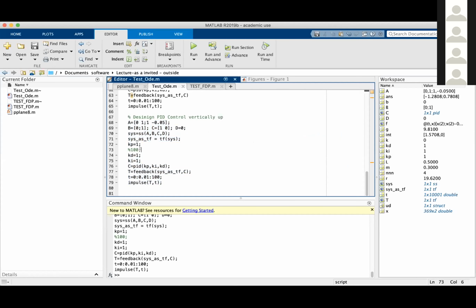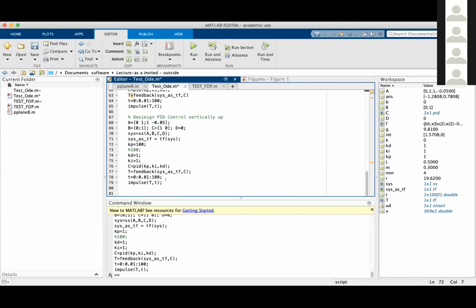So here what I have to do is put more control effort. I have to apply more control signal so that my controller is able to make the pendulum vertically up. So I just increase the gain. Increasing the gain means I put more energy, more power.